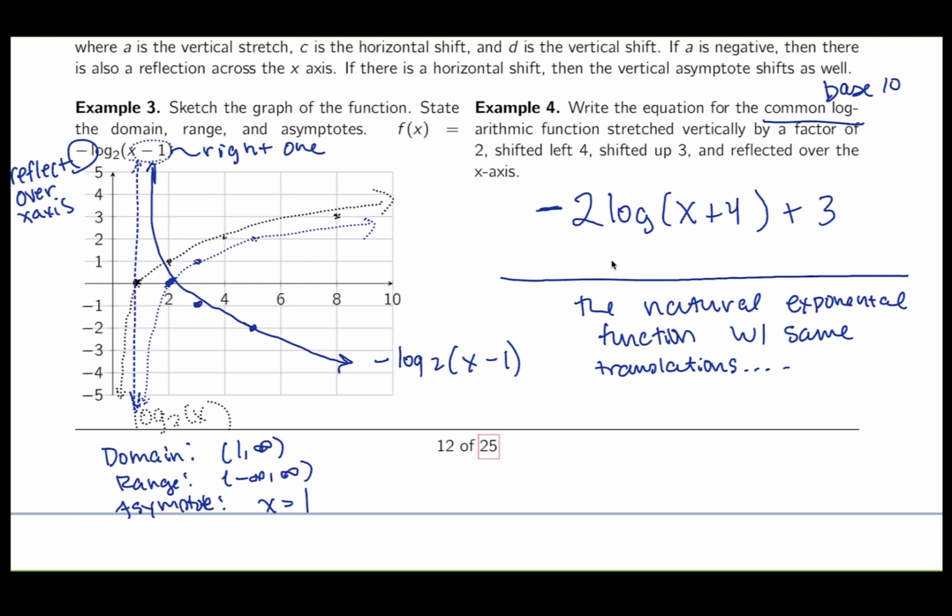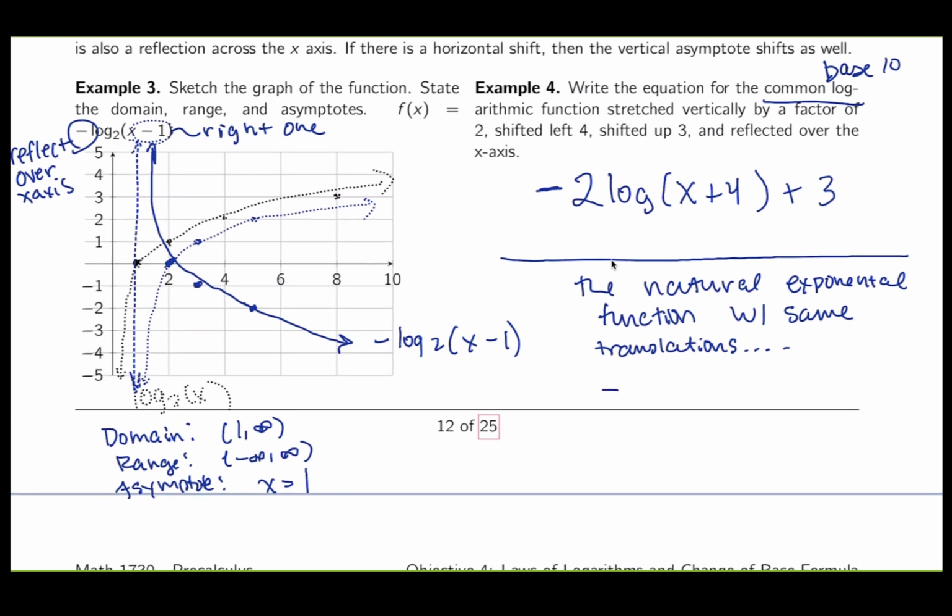But instead of having the function log, I'm going to have the function e to the x. It would look like this. I would still have a -2 out in front, and I would still have a plus 3, and I would still have an x plus 4, but that x plus 4, instead of being inside of a logarithm, it would be inside of the exponent on an e.